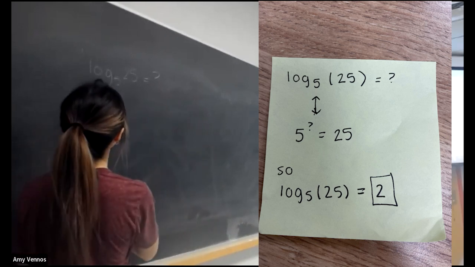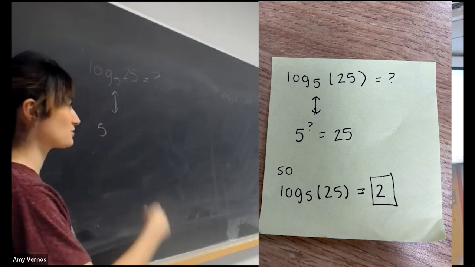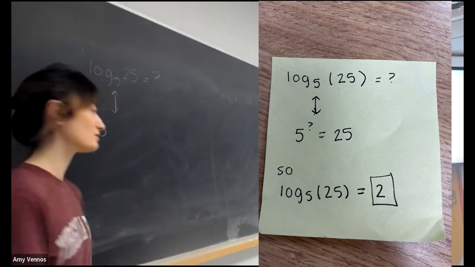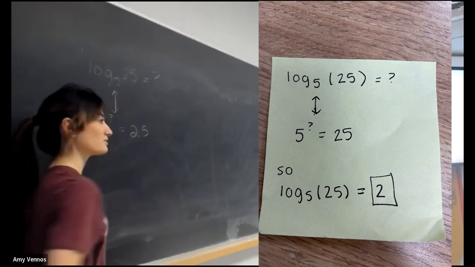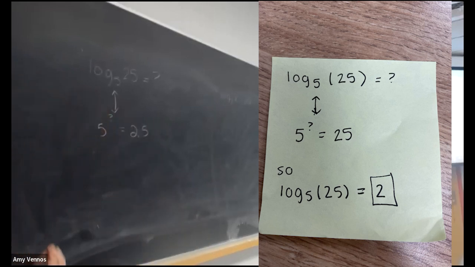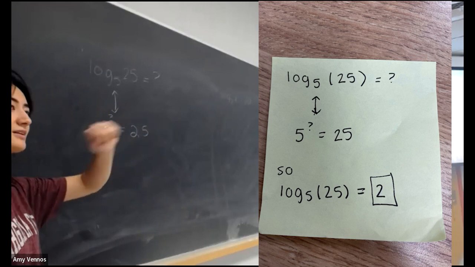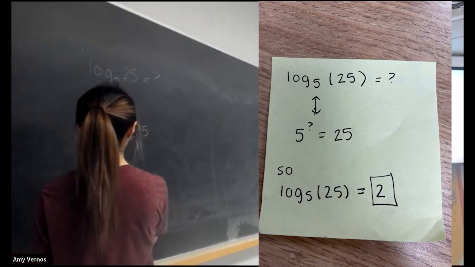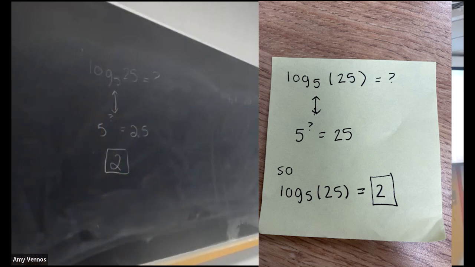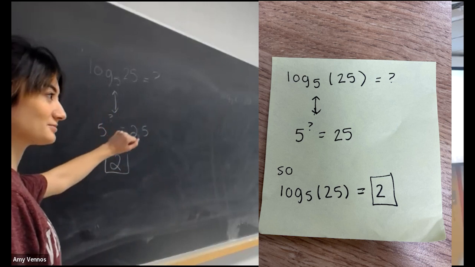Yeah, so 5 times 5, or like an exponent, right? 5 to the what power equals 25? That's basically what the question is asking. What is the power? 2, good, right? 5 squared equals 25. So the answer is very simple. It's just 2. Any questions on this example here?